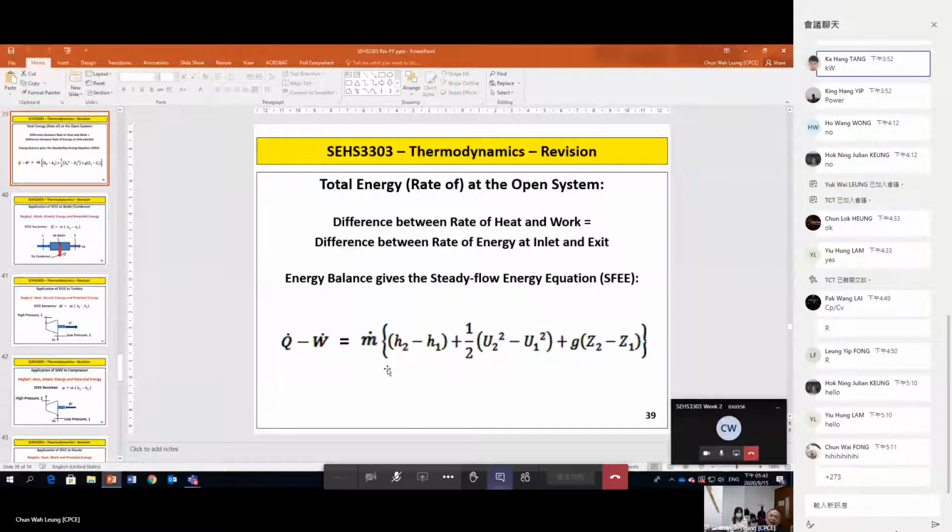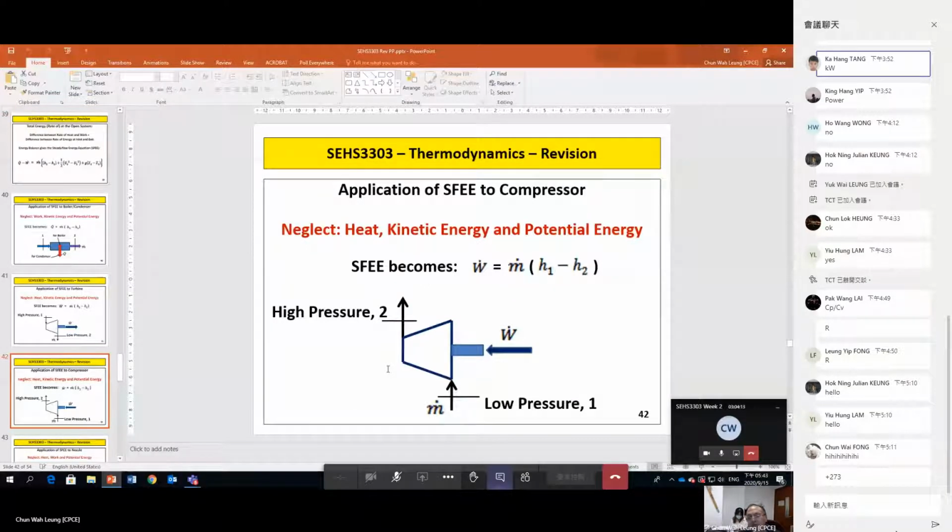The power is equal to the mass flow rate times H2 minus H1. So therefore, if the working fluid is a steam, then we can find H2 and H1 from the steam table. But if this is a gas, then we simply change the H into Cp times T, just as before. These are the two very simple cases.